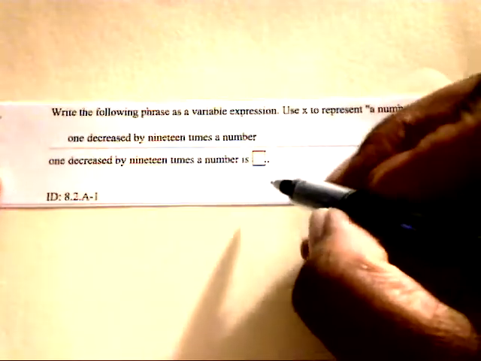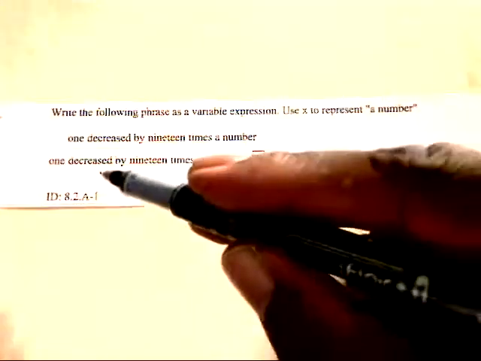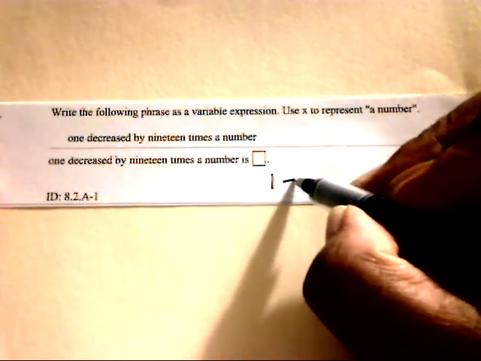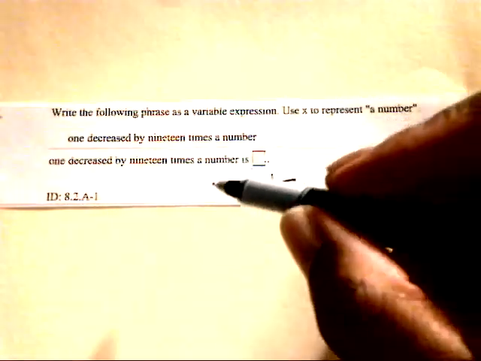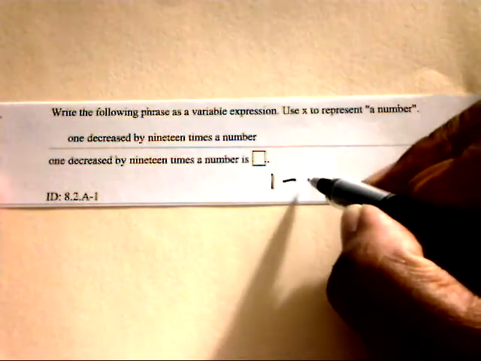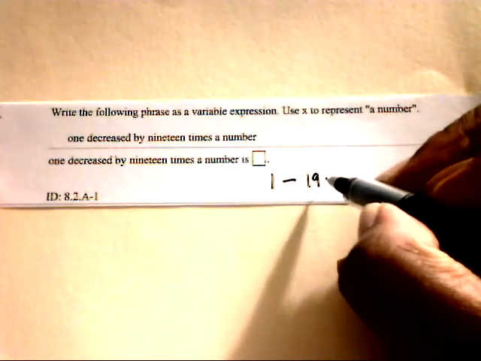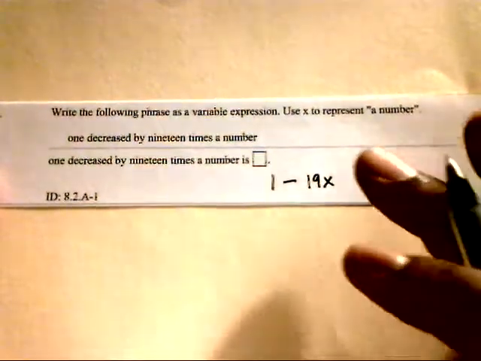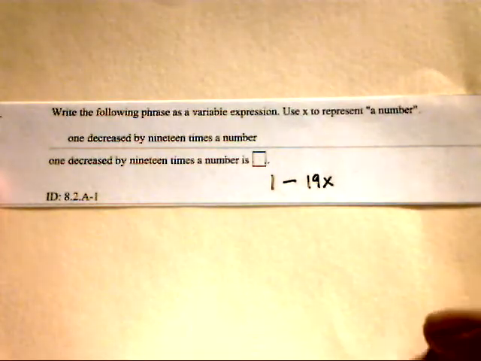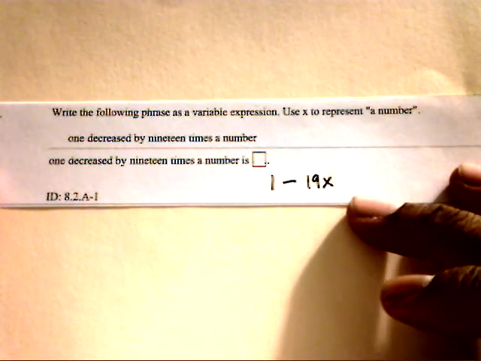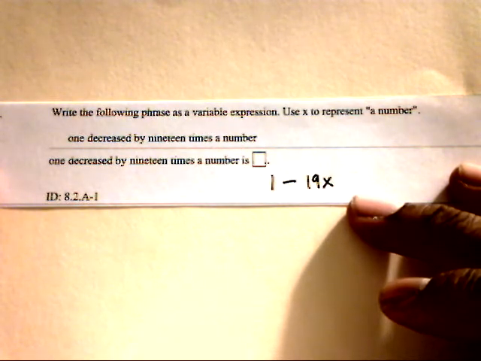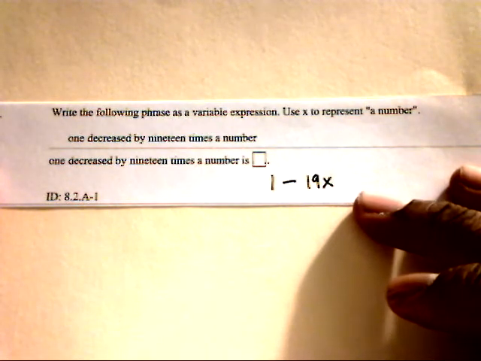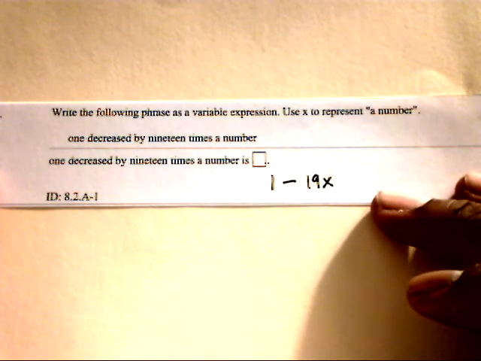Well, the word 1 is going to be the number 1. The phrase decreased by means subtraction. 19 times a number will be 19 times some number, which we're going to call x. So we're using x to represent the number. So that algebraic expression for 1 decreased by 19 times a number will be 1 minus 19x.